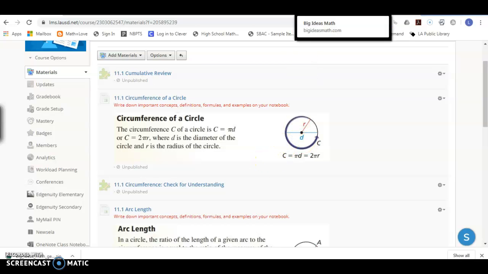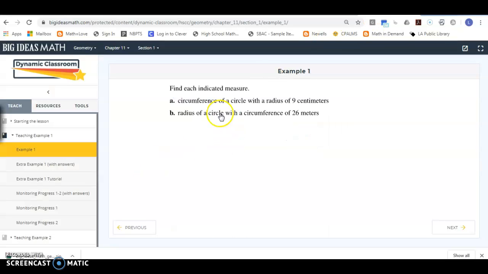Let me switch my screen over here. Okay, so find each indicated measure. Find the circumference of a circle with a radius 9 centimeters. So since I mentioned the radius, I'm going to use the formula that has the radius. So for letter A, C for circumference is equal to 2 pi r.